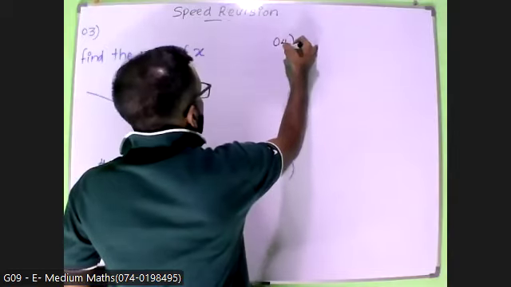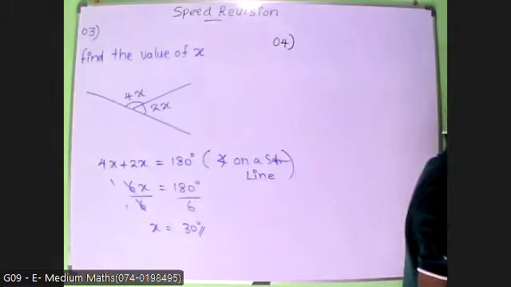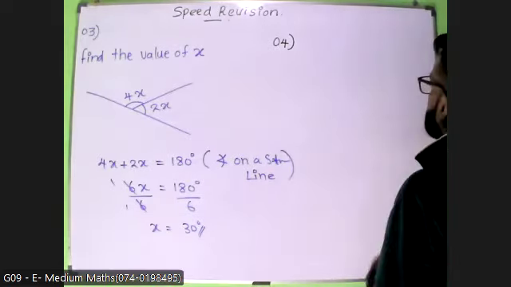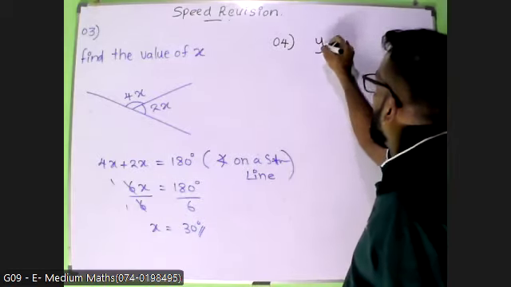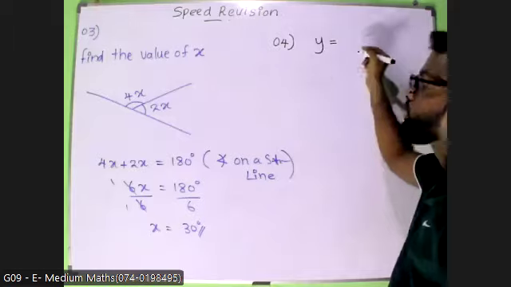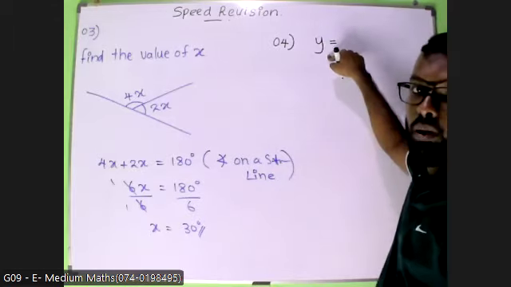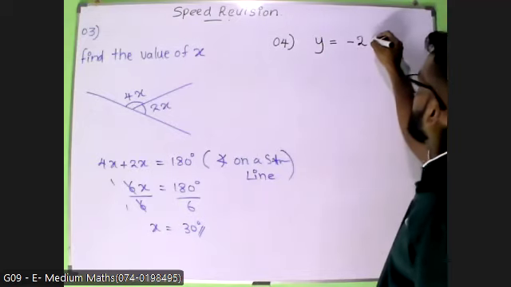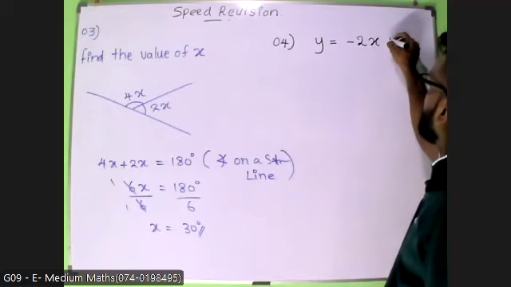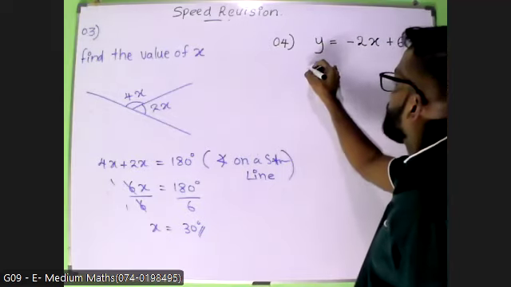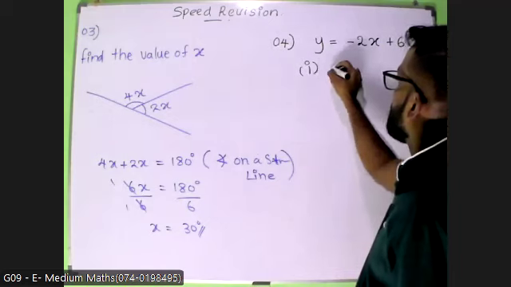Fourth part. This is from the graphs lesson, right? We have to do it, but it will be better if you can remember this. Y equals minus 2x plus 6. First one, what is the gradient?